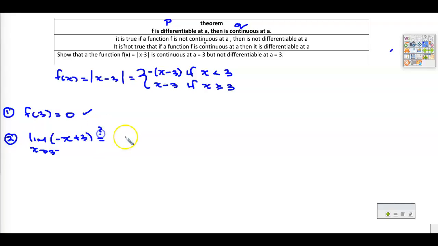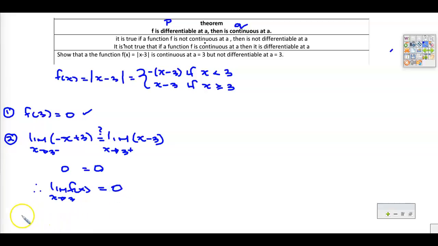Does this equal the limit as x approaches 3 from the right of x minus 3? And so when you replace this here, you notice that you get 0. And when you replace this here, you notice that you get 0. So since the left-hand limit and the right-hand limit are equal, then we're able to say the limit as x approaches 3 of the given function f of x does equal 0.